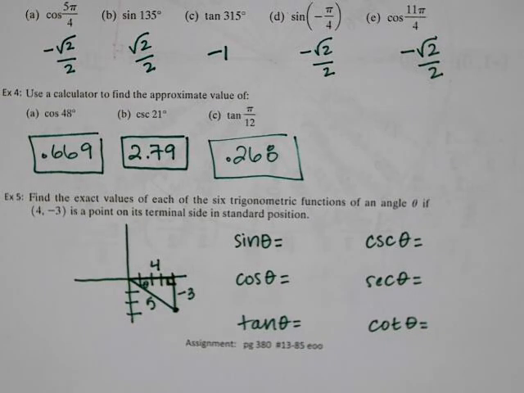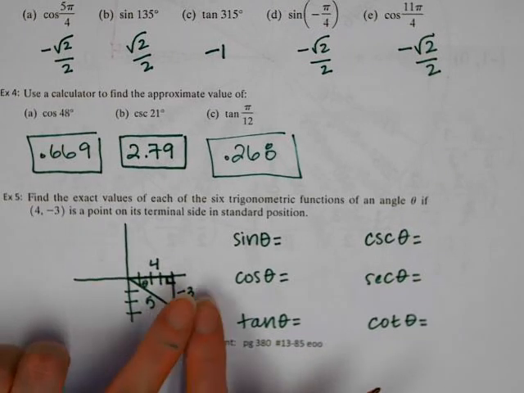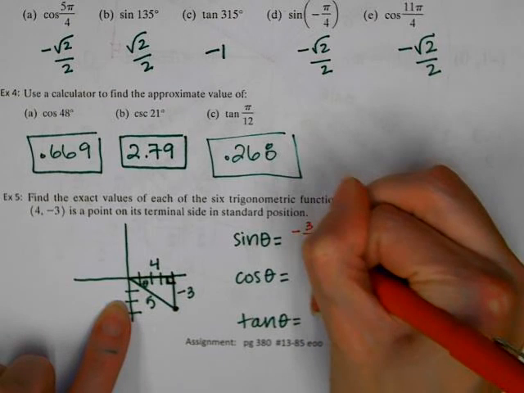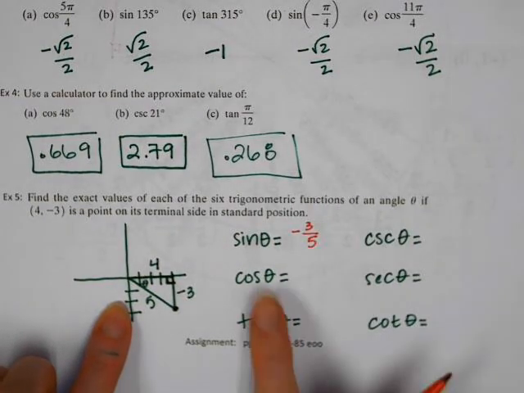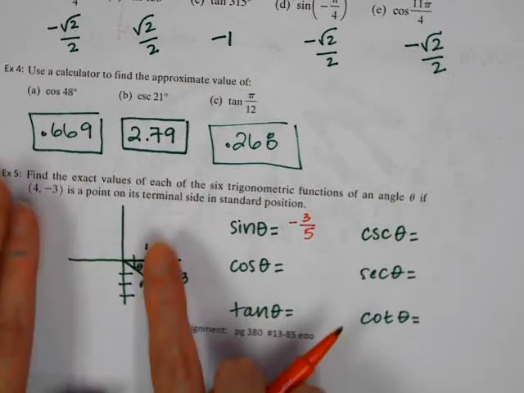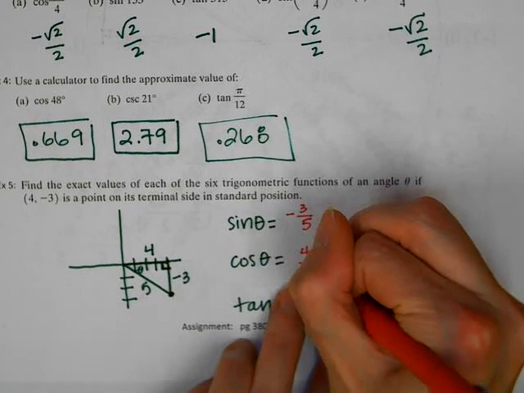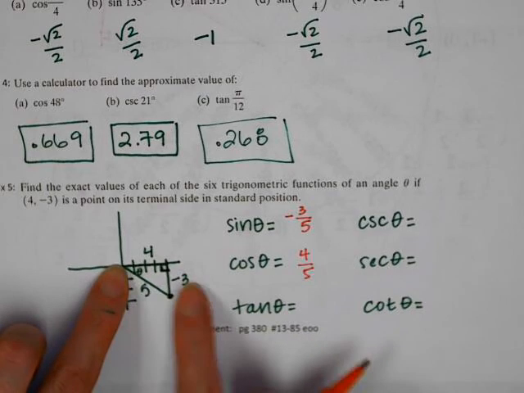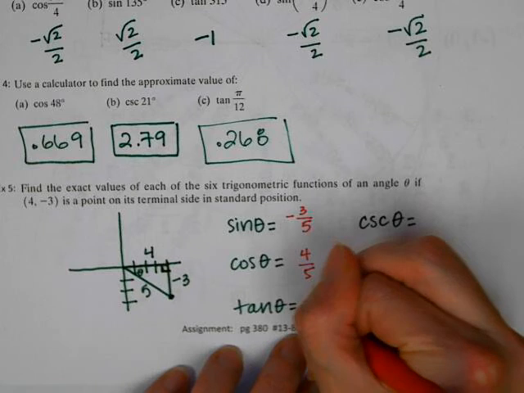Okay, so this is just basic SOHCAHTOA. So sine is O over H, so negative 3/5. Cosine is A over H, so 4/5. And tan is O over A, so negative 3/4.